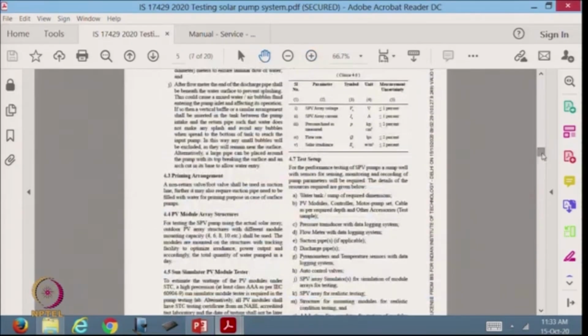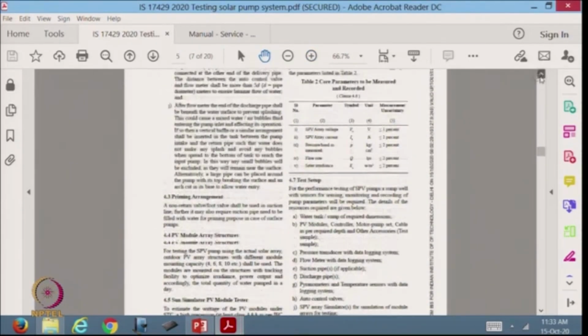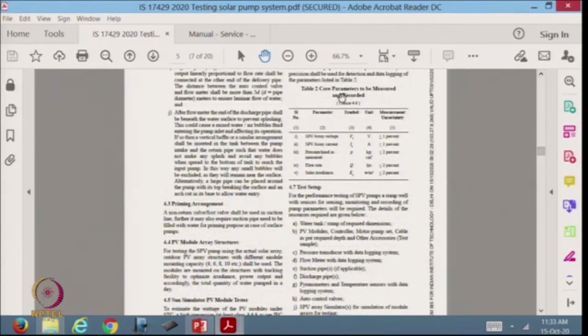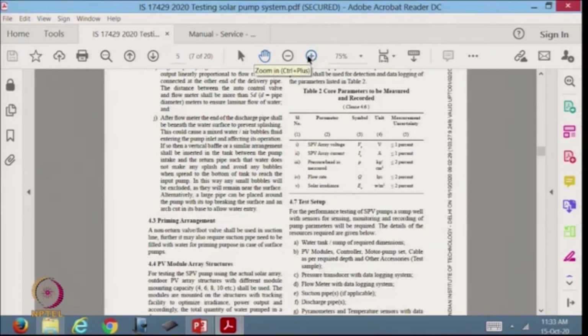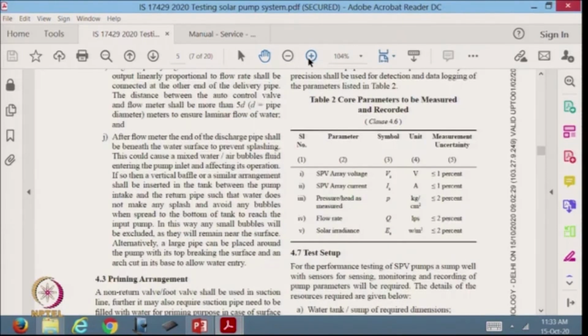Then here is the next thing that will be relevant to us, table 2, core parameters to be measured and recorded. So, what does it tell us? SPV array voltage should have a measurement uncertainty less than or equal to 1%. SPV array current less than 1%.